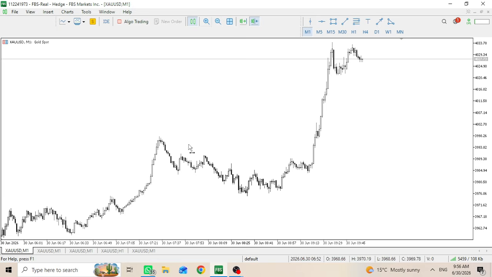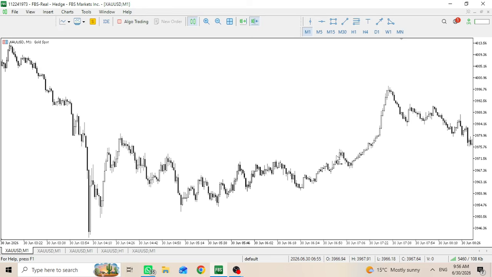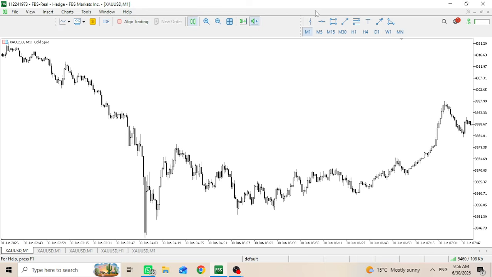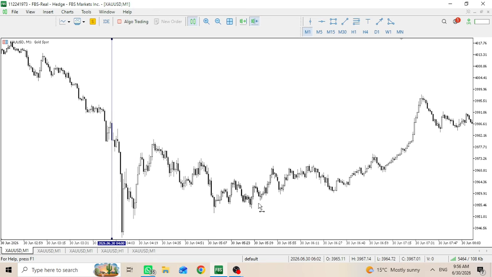Now I will come here and I will mark the previous high, previous opening of the previous 4-hour candle open. Remember, it opened there and it closed where?